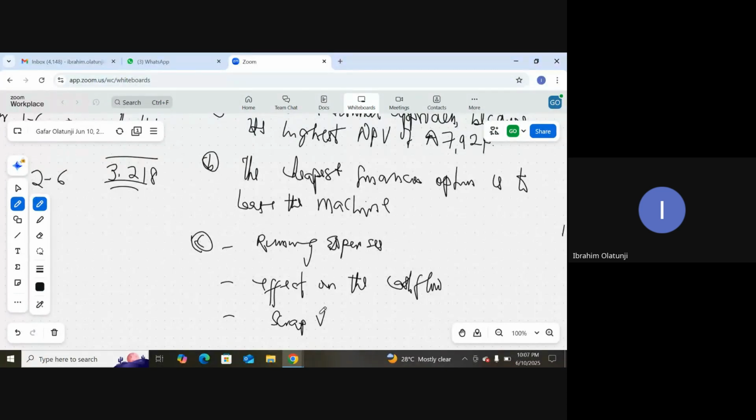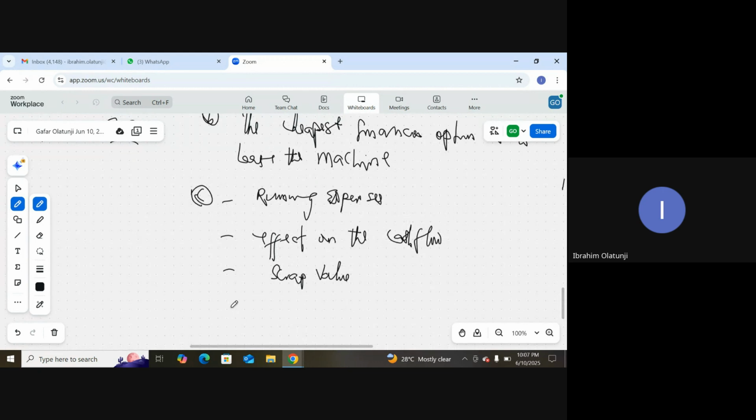The scrap value. Then I said we are going to look at it from the angle of the effect on reported profit. We are going to look at the reported profit.